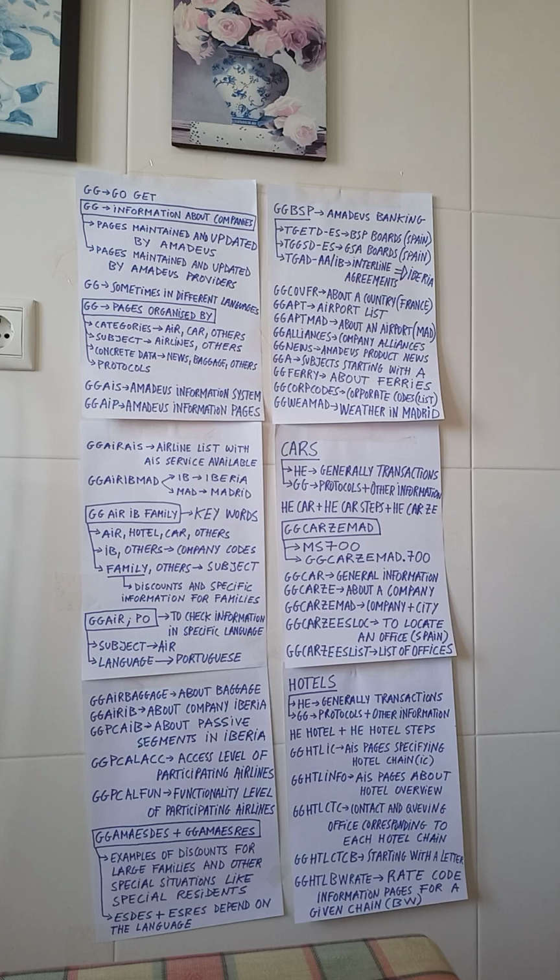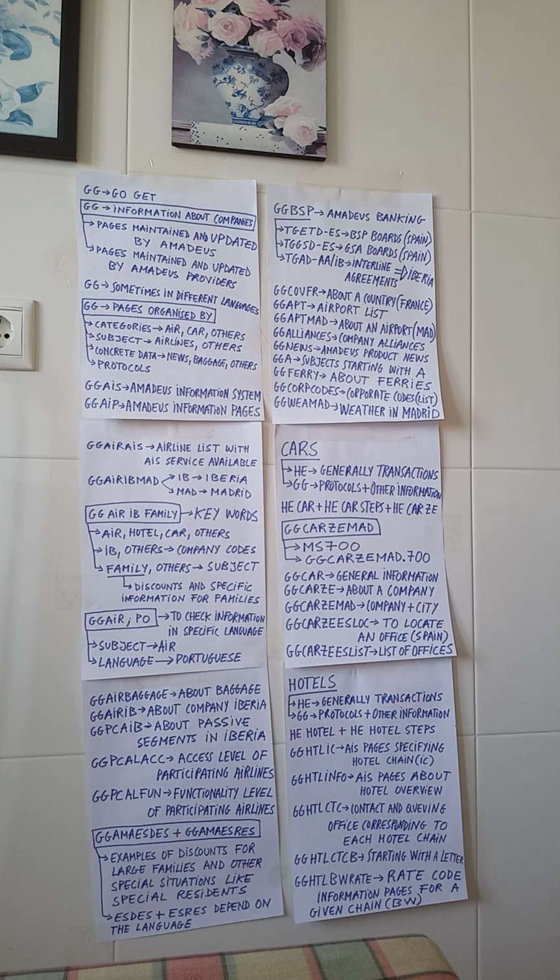So, next example, this one. GG Air PO is used to review air information by specifying the language, which in this case is Portuguese.